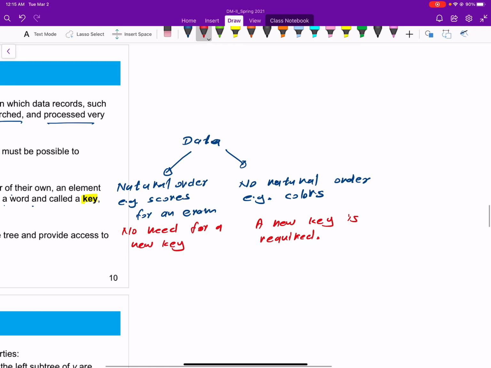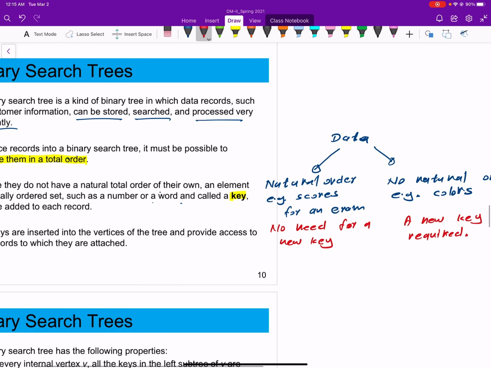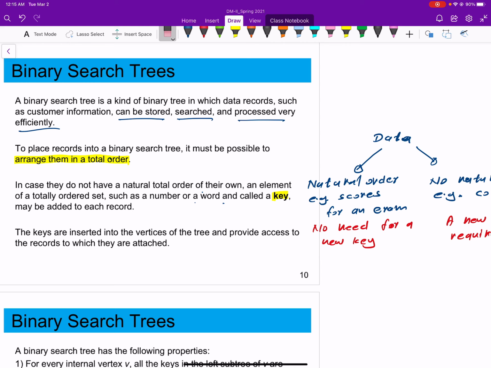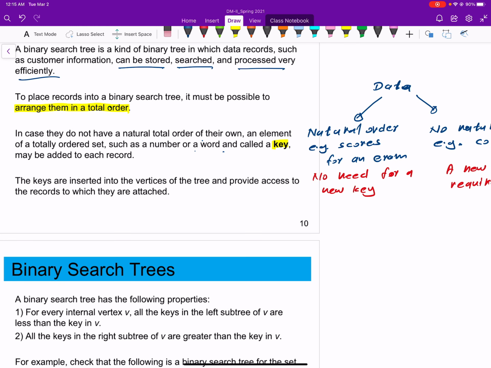In the second case, a new key is required. That is what is explained here. If they do not have a natural order, then you have to assign an order for the given observations. The keys are inserted into the vertices of the tree and provide access to the record to which they are attached.